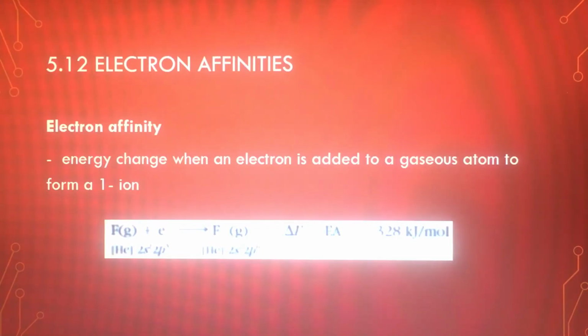So electron affinities can be negative or positive. It depends on whether the atom will readily accept an electron or not.